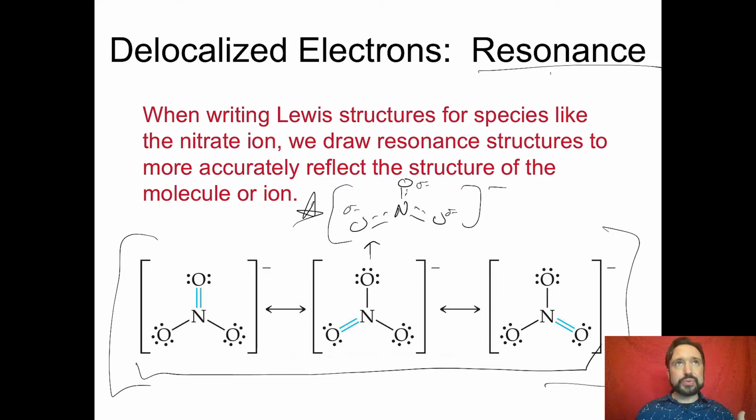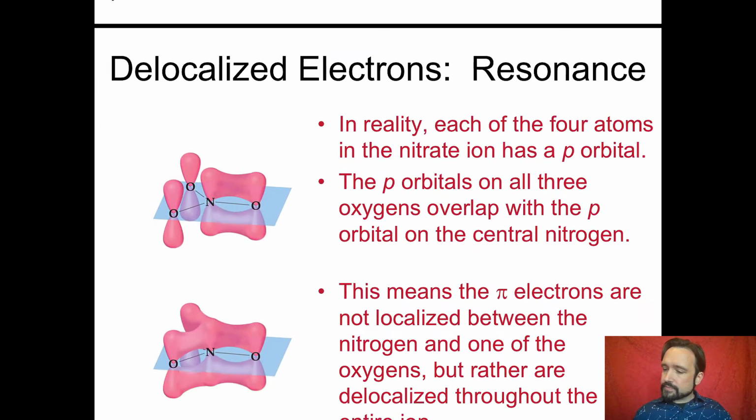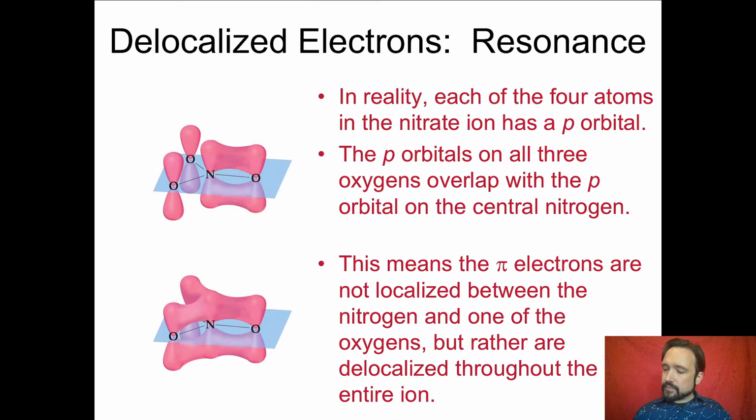So how do we use molecular orbital theory, or valence bond theory more specifically, to explain what's going on in resonance? How do we have electrons that aren't in one place, and where are they? How does that work? So in reality, what's going on in nitrate is, if we think about the pi bond that we've got to make here, we don't have the nitrogen and one oxygen bound together in a pi bond, and then the next one, and then the next one.